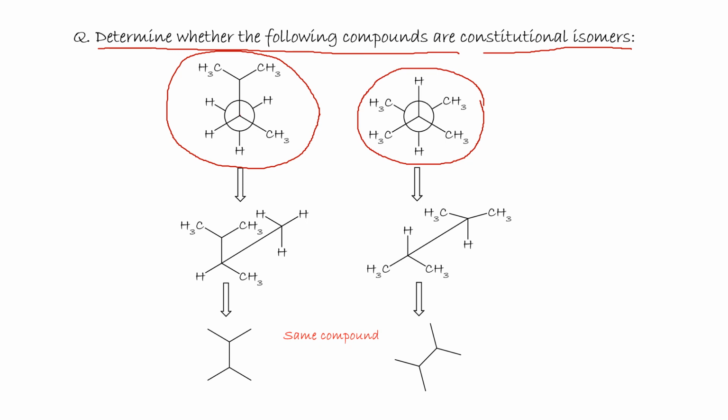Now we have this carbon in front. This carbon is carrying an isopropyl group, hydrogen, CH3. Then the carbon in the back is carrying 3 hydrogens. All right.